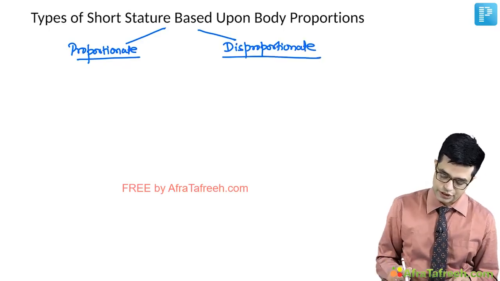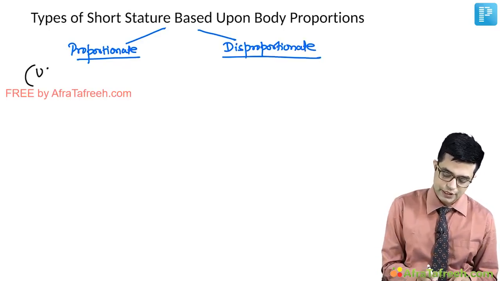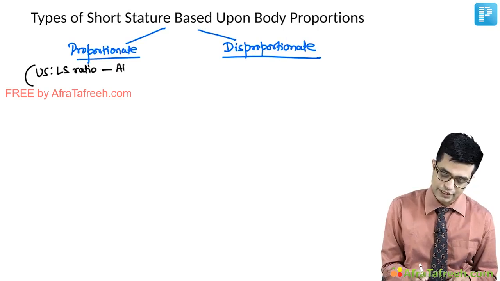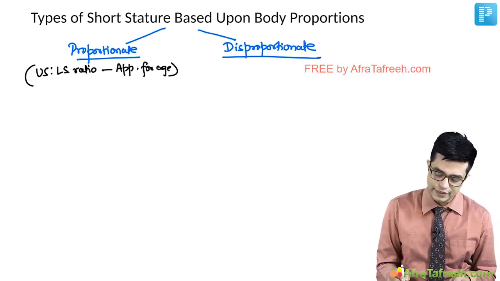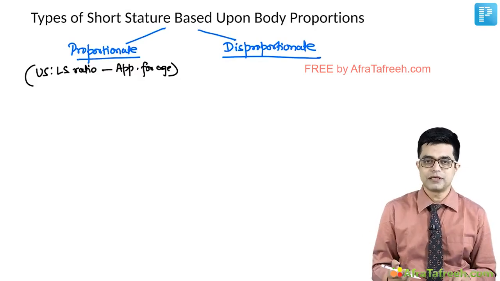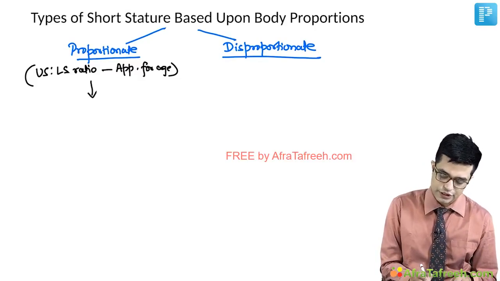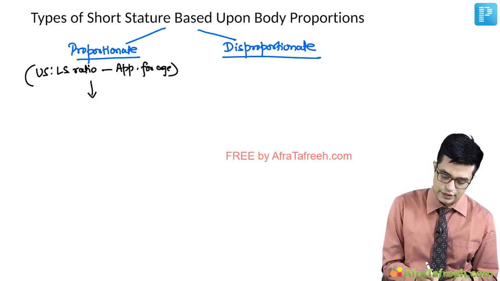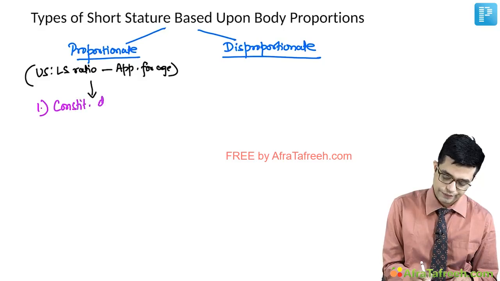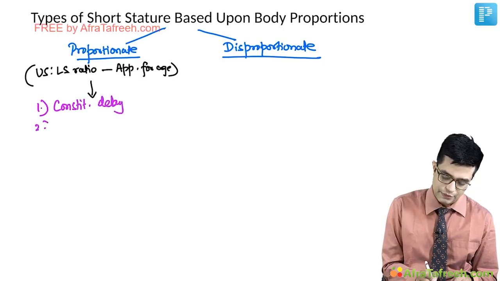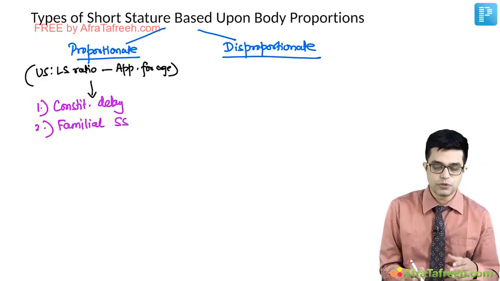In proportionate short stature, the upper segment to lower segment ratio is appropriate for age, whereas in disproportionate, the ratio obviously is not appropriate for age. The common causes of proportionate short stature include conditions like constitutional delay in growth, familial short stature. So all physiological short statures are proportionate.